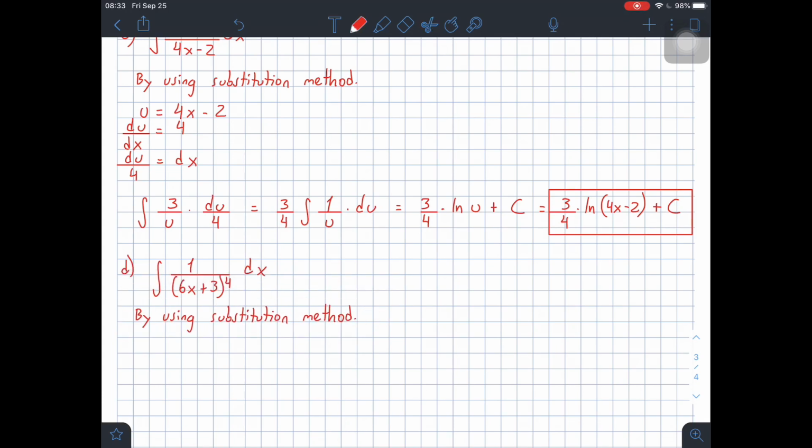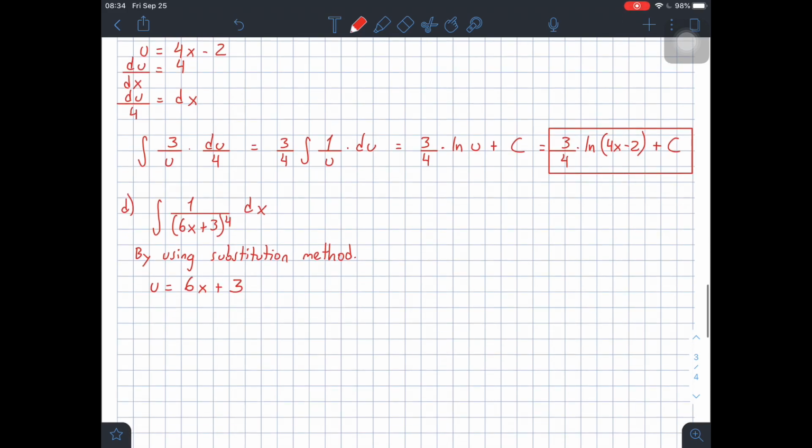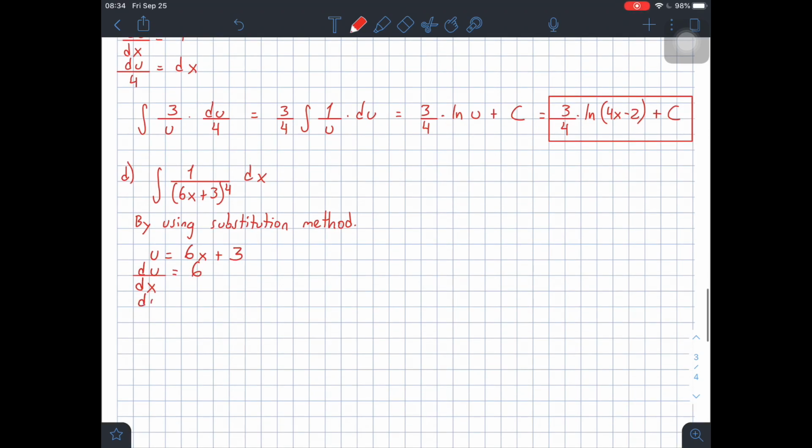So by using the substitution method, I'm going to call whatever I have inside the parentheses u. So u is equal to 6x plus 3 in this case. Then if I find the derivative of u with respect to x, this would be equal to 6. So finally, du over 6 is equal to dx.